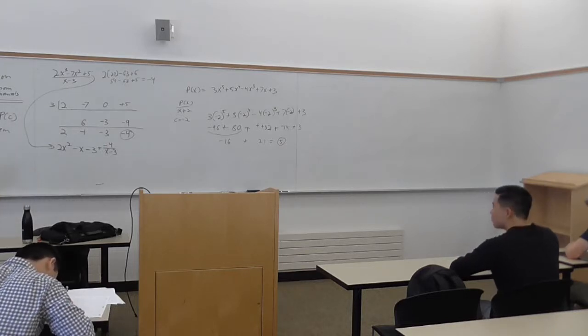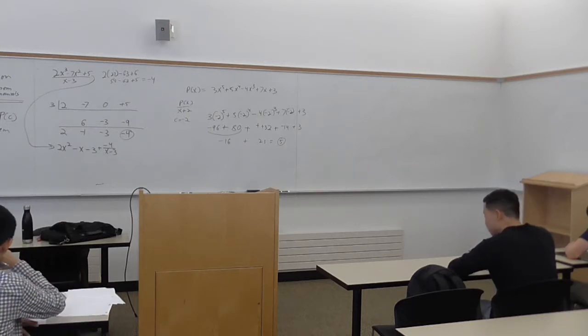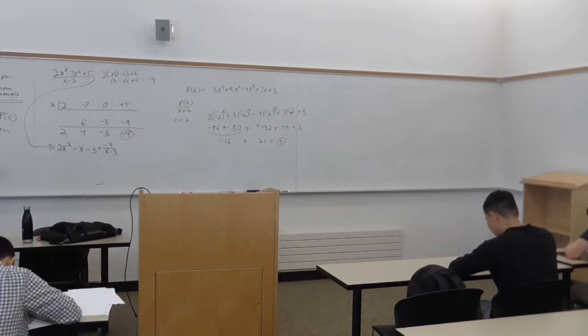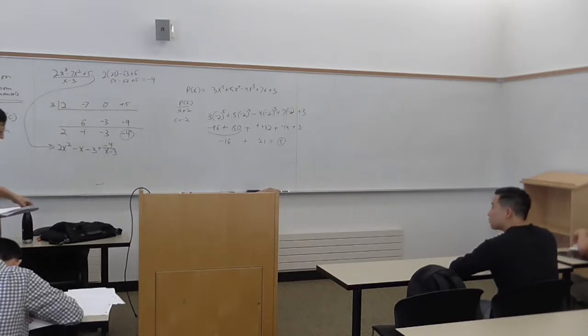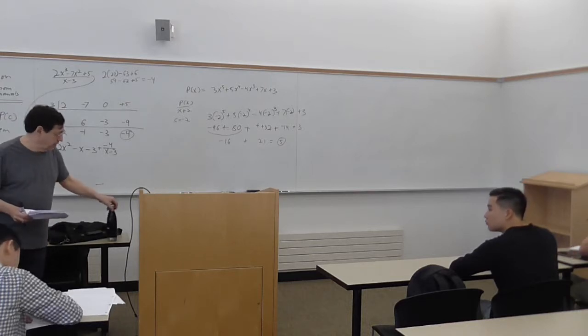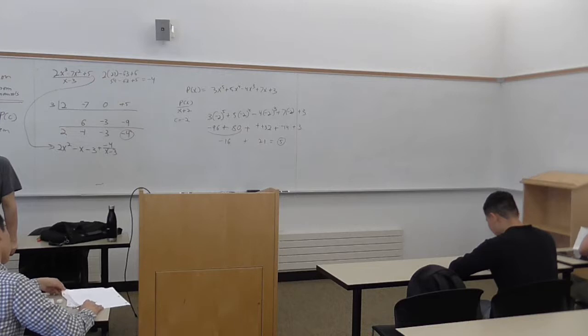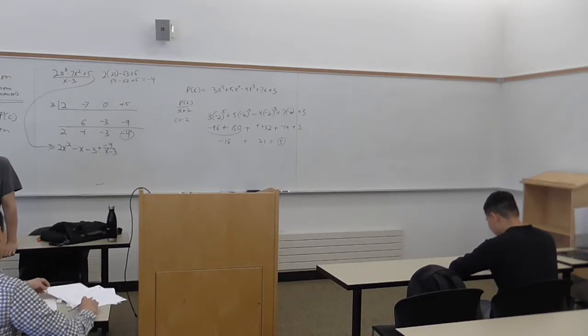Factor theorem is a corollary of the remainder theorem. We found out that a lot of students took geometry a long time ago and they forgot what a corollary is. So I'm going to ask, does anyone here know what a corollary is?